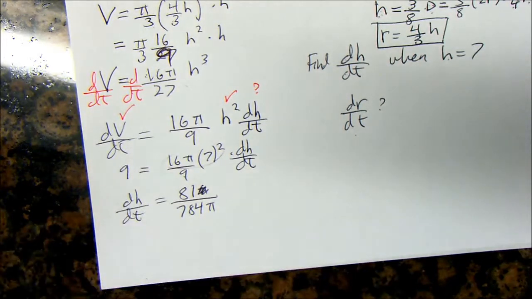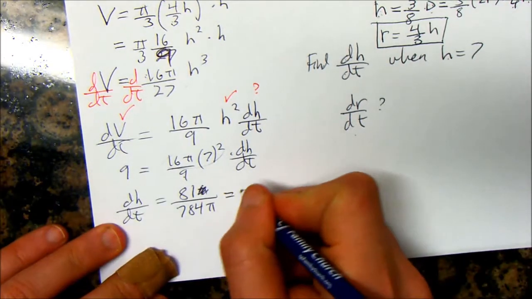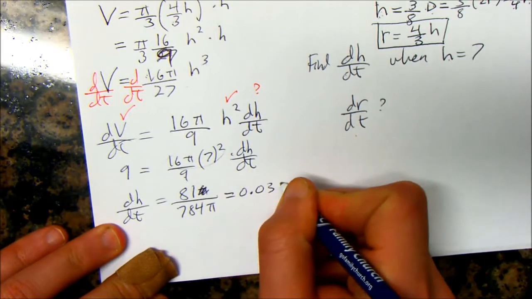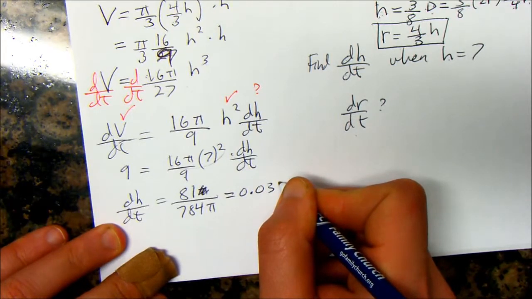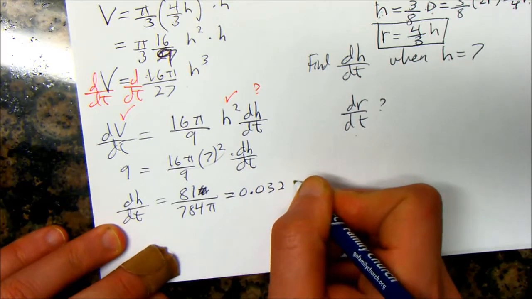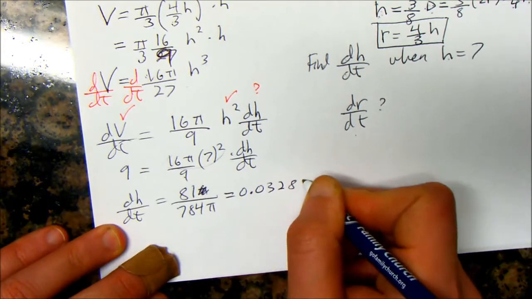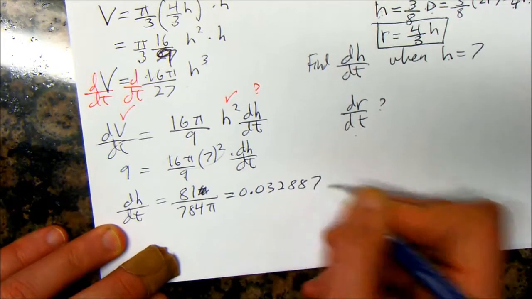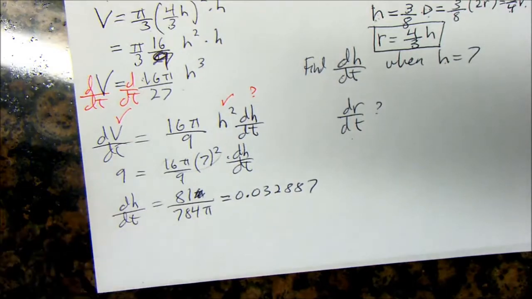So 81 divided by 784 pi is equal to 0.03287. Let's leave it off there.